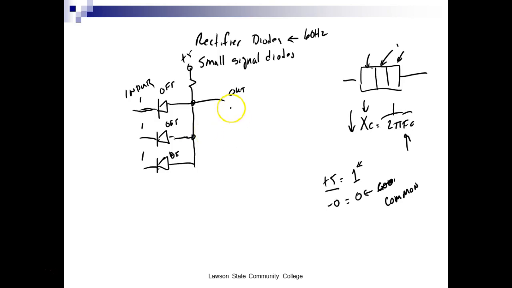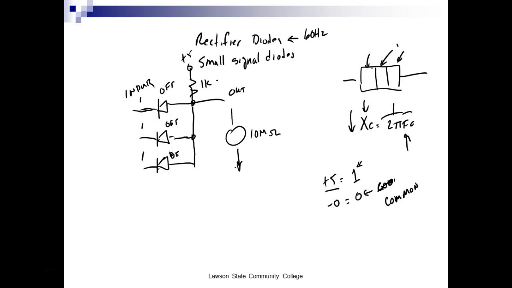So what would my output be if I measured it with a nice big meter? It's got like 10 megohms worth of resistance, so basically it's acting like an open. What would my meter measure? Let's say this is a 1K ohm resistor. So how much current flow do I have to the 1K?